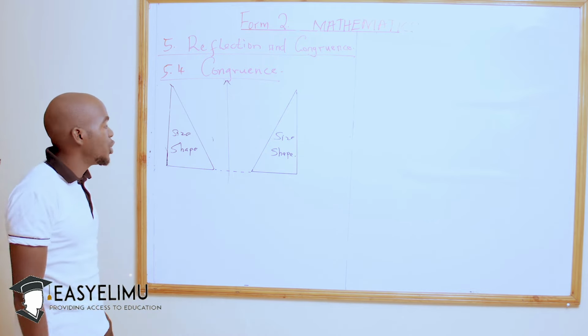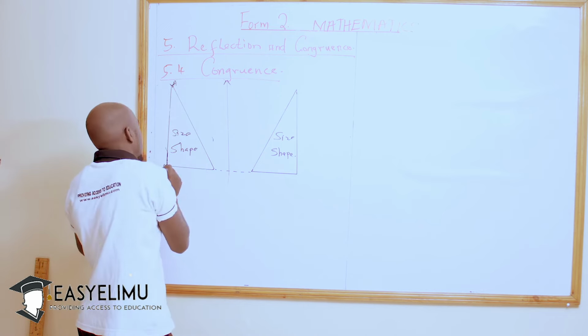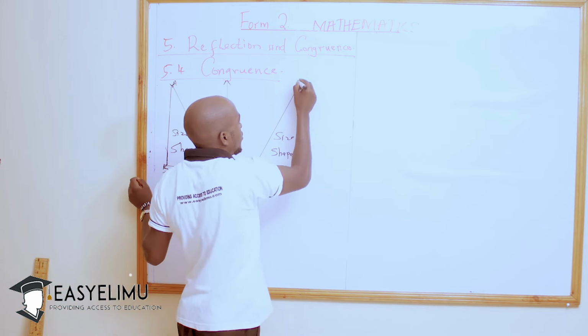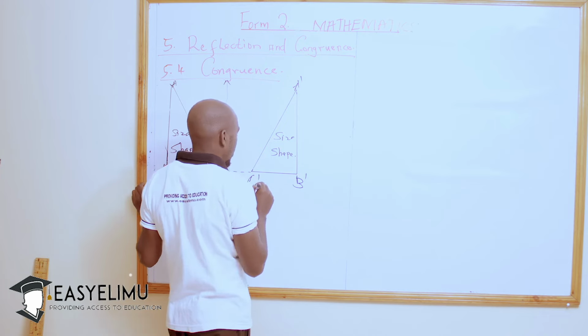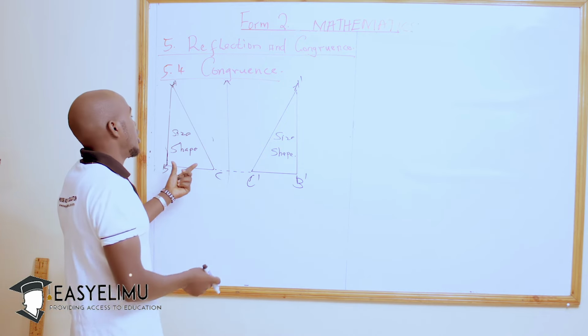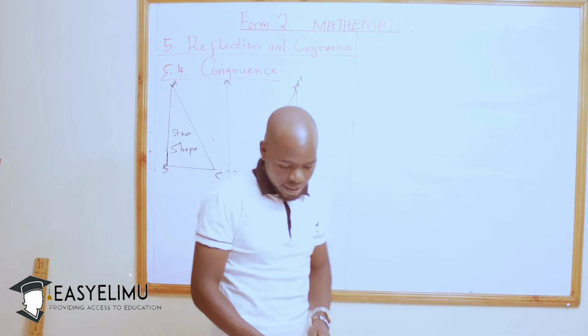So in that case, we say that this triangle here, if it is ABC, after reflection gives us A prime, B prime, and C prime, then we say the two are congruent to each other.